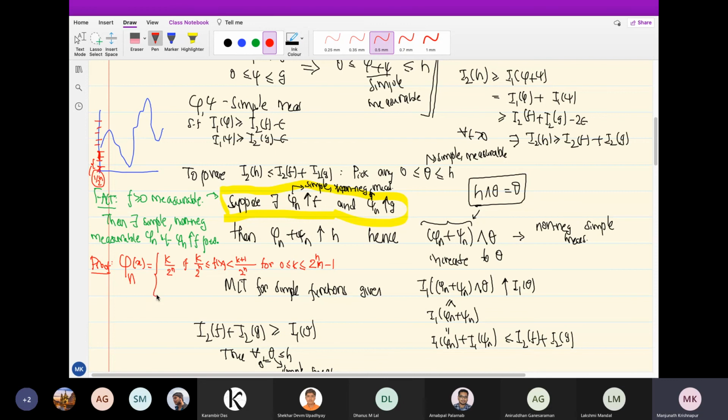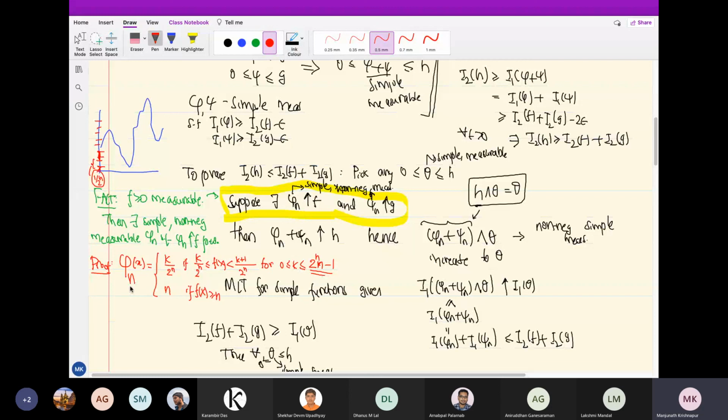This covers everything up to f x less than n, because when k is this, k plus 1 over 2 to the n will be n. So f x less than n is covered. If f x is greater than or equal to n, then I will just set it to be equal to n.